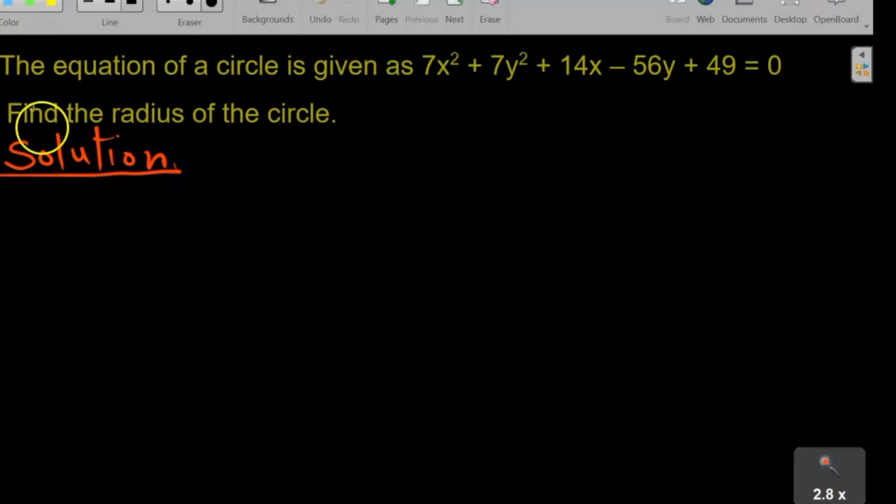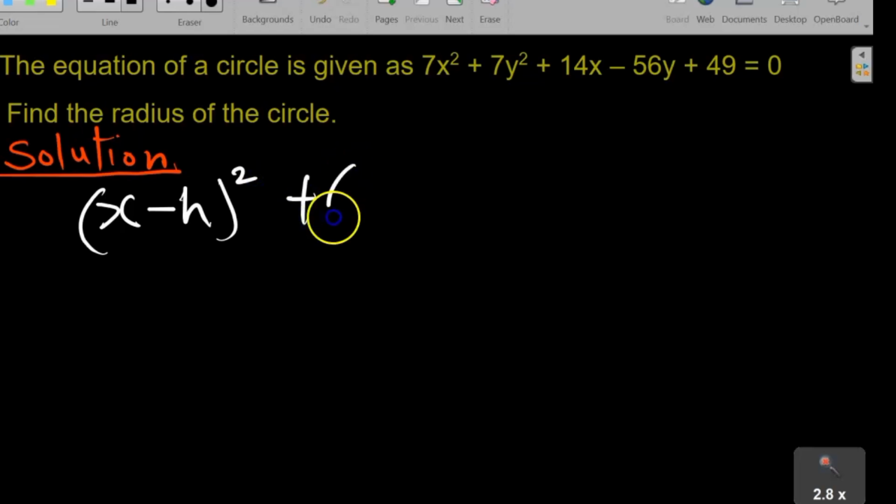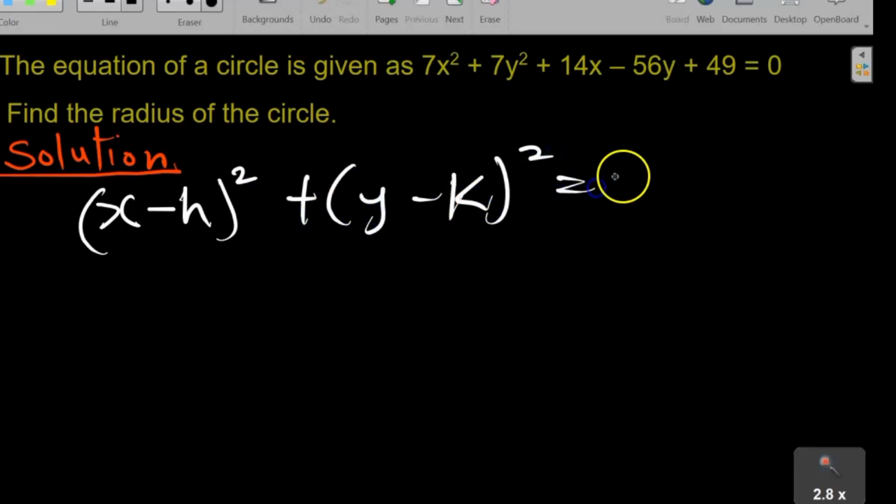The standard form of the equation of a circle is given as (x minus h) all squared plus (y minus k) squared to be equal to r squared. The value of r is what we need in this question.